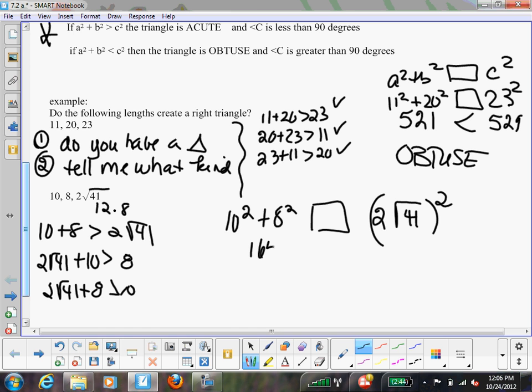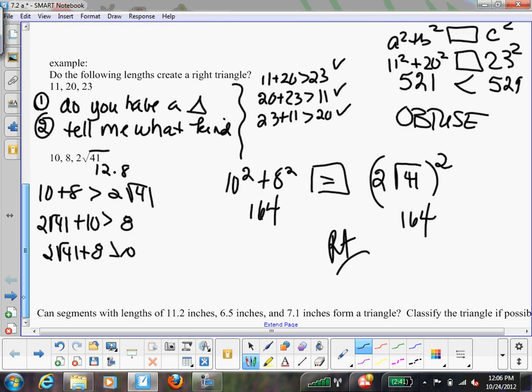So this is 164. Is this also 164? And so we would therefore say that these are equal, which means that we have a right triangle. You can know in your mind that it's 12.8, but I want you working with the original.